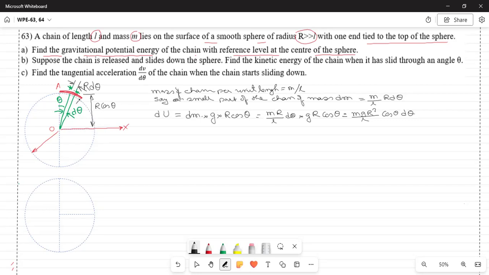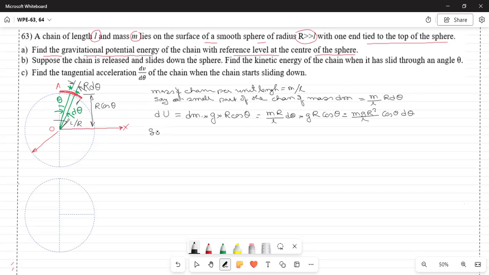I think if I try to write it, this will become very clumsy. The total angle is L by R, because L is the length of the chain and R is the radius of the sphere.